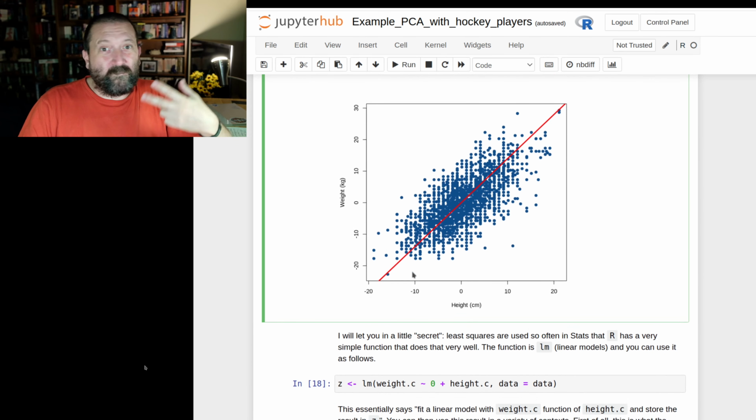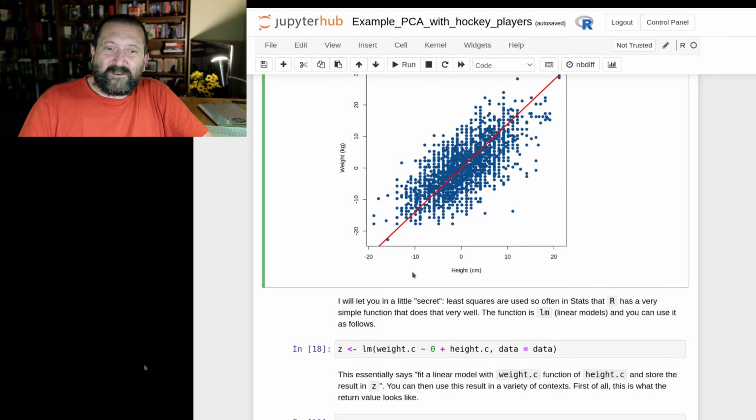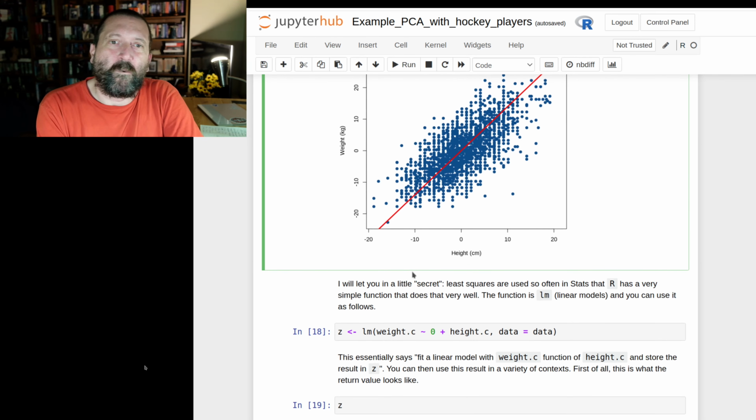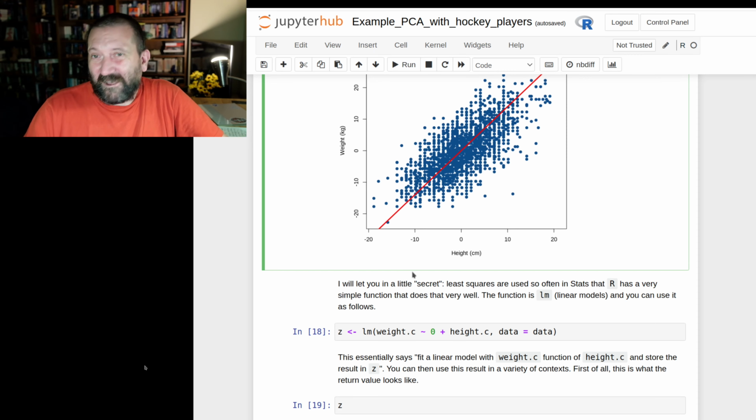Now I want to take the opportunity to show you something else, which is how to use a native function in R, which is very, very useful, because linear regression is used a lot in stats, and that's why this function is here.